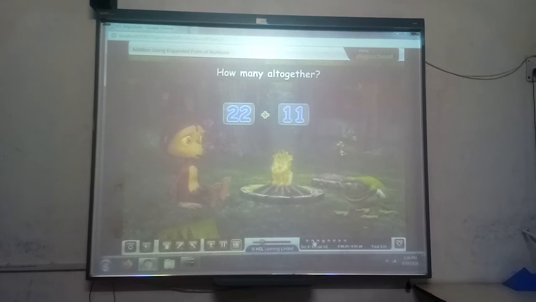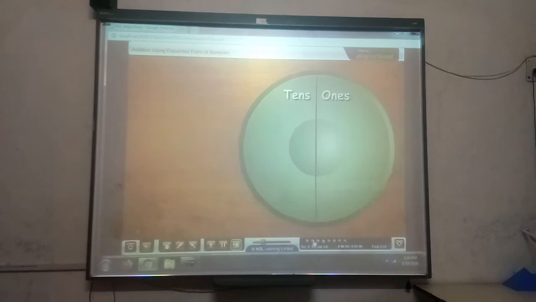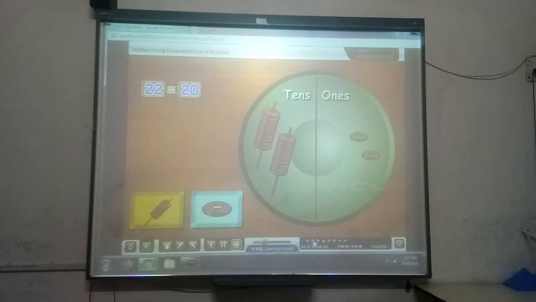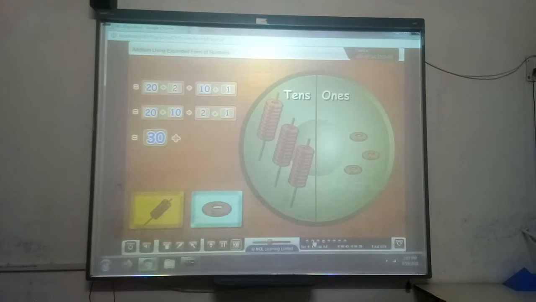How many is 22 plus 11? 22 equals 20 plus 2. 11 equals 10 plus 1. Adding the tens, we get 30, and adding the ones, we get 3. 30 plus 3 equals 33.